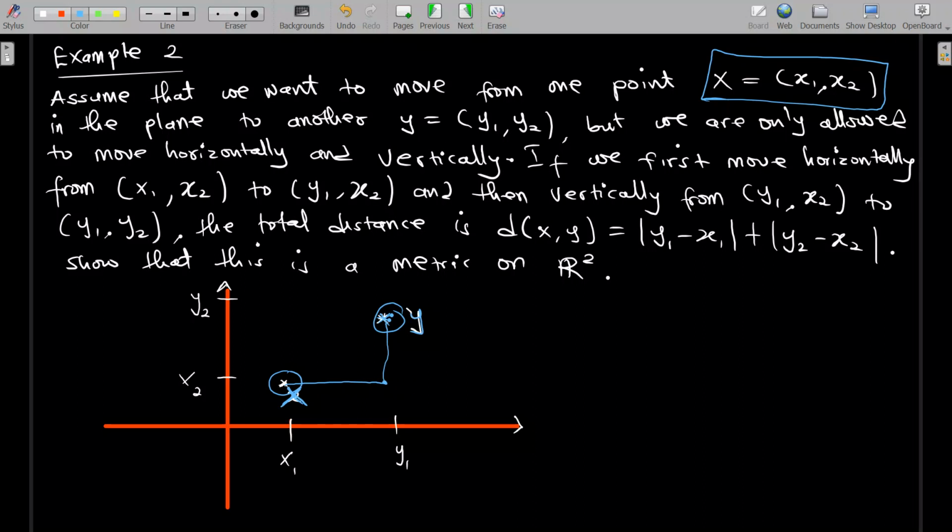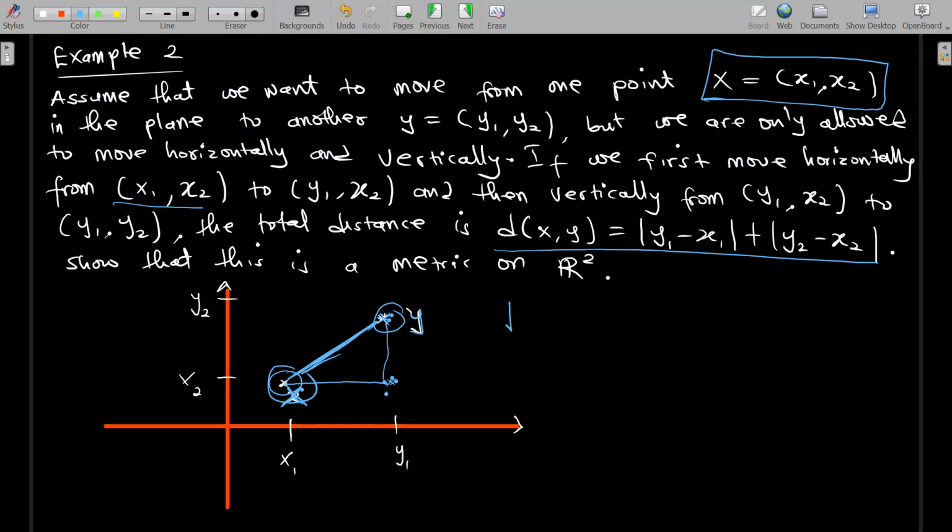So if you first move horizontally from x1, x2 to y1, x2, and then vertically from there to y1, y2, the total distance d of xy between these two points is defined by this.